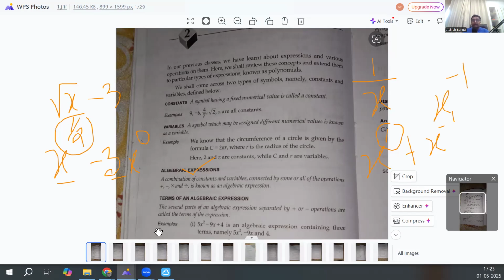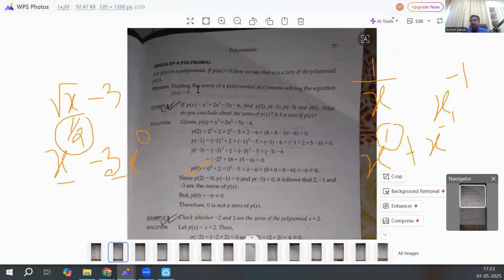Next is zero of the polynomial. Before that, we will express the polynomial by p(x), q(x), f(x), g(x), h(x), t(y), q(y), and so on.